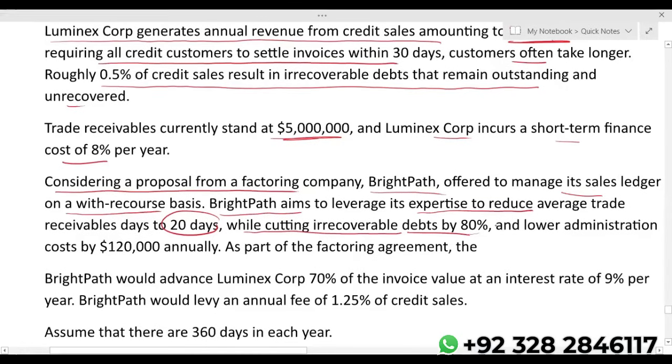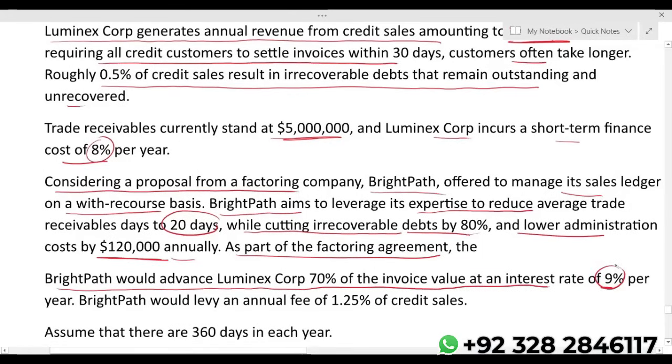And lower administration cost by 120, saving in admin costs annually as part of the factoring agreement. Brightpath would advance Luminex Corporation 70% of the invoice value, and the interest rate is 9%, which is 1% over and above OD.